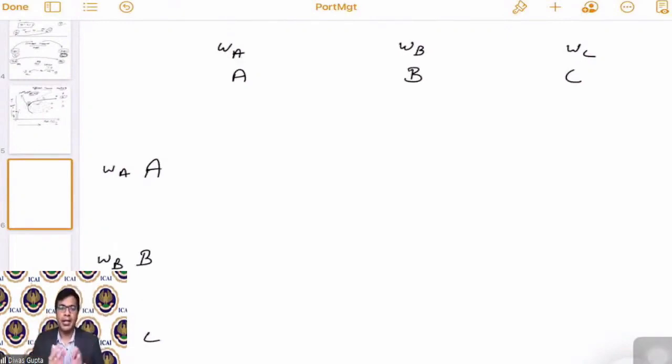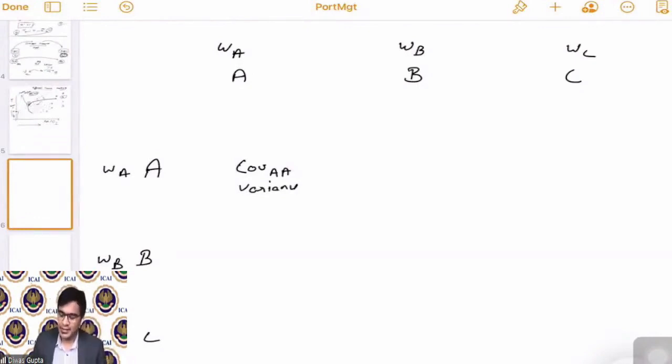The only part here in terms of the calculation is that we just have to take the covariances between this cross. So let's say here we will take covariance of A with A, which is nothing but the variance, correct? Because as I told you in the earlier class, covariance is between two series and variance is between the same series, correct?